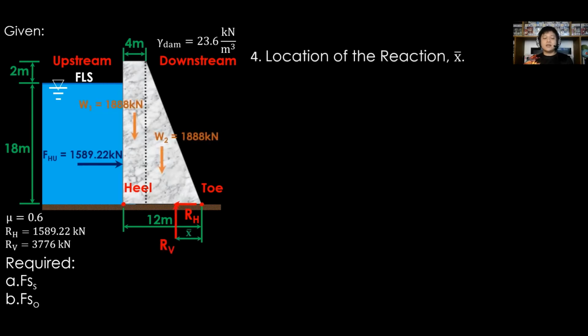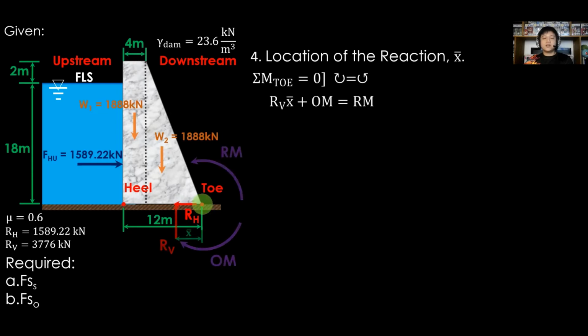Fourth process is the location of the reaction, X bar. Apply summation of moments at the critical point, the toe of the dam. Clockwise equal to counterclockwise moments. RV times X bar plus OM for clockwise moments, then RM for counterclockwise moment.